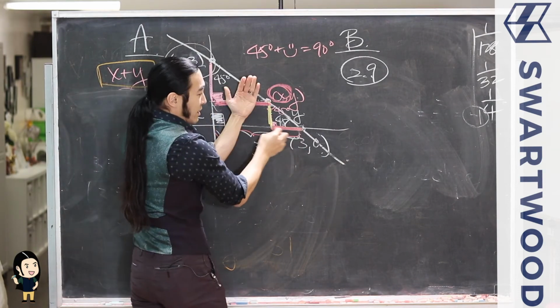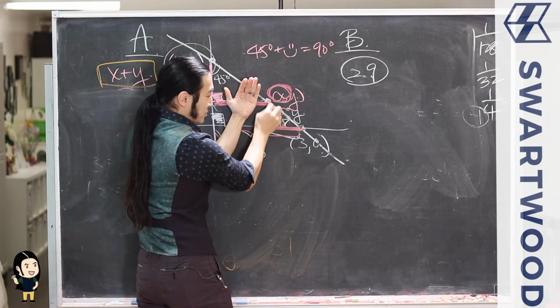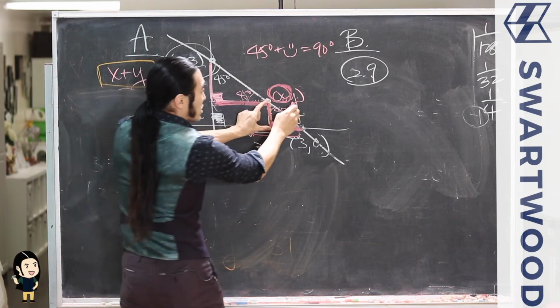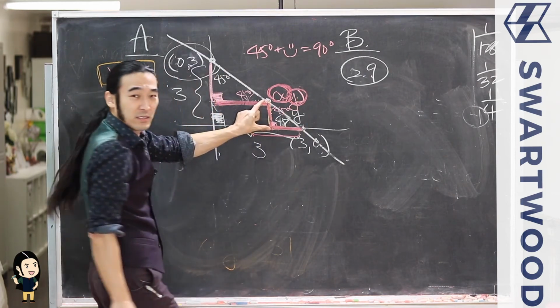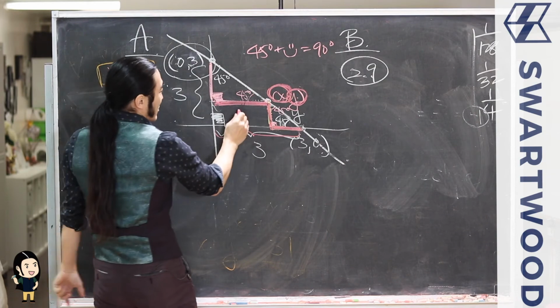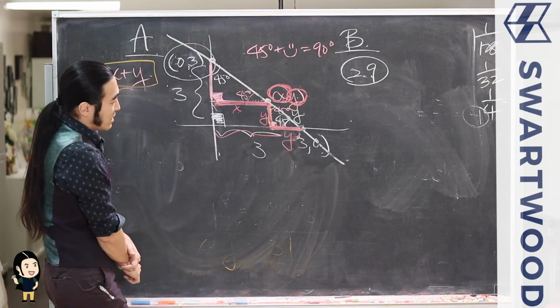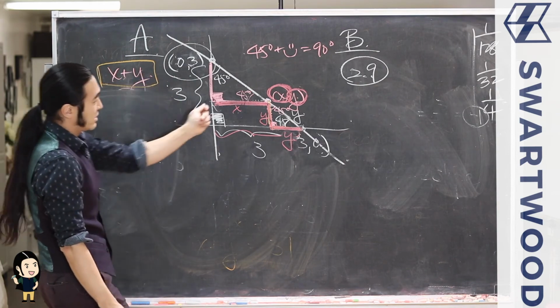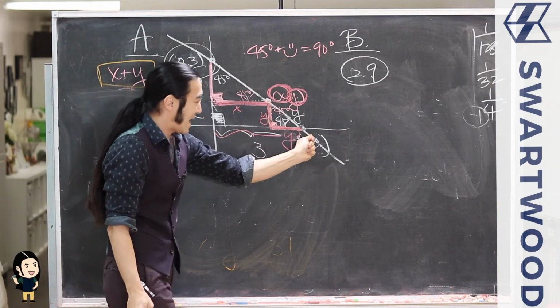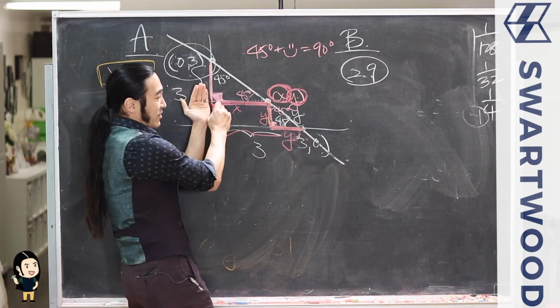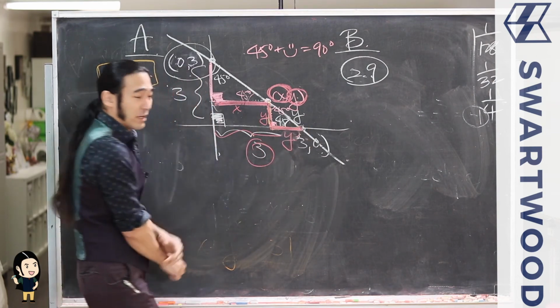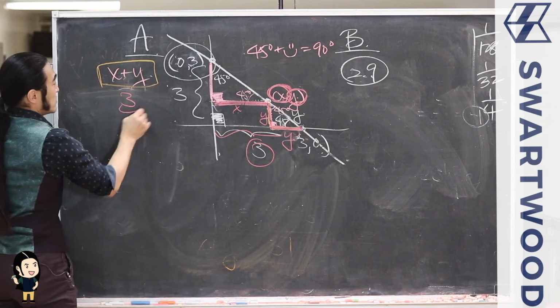Well, this guy, left to right, is the same as up and down. But this up and down corresponds to your y coordinate. Does everybody see that? So what you really have here is this and this, right? But that's the same as this. So what you've got is this sum right here is going to be this guy plus that guy. But it's clear, you're just walking from here to there, so it's got to be 3. Okay? So this too is 3.